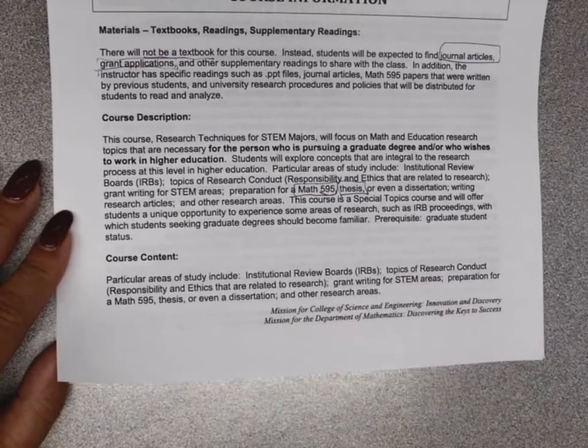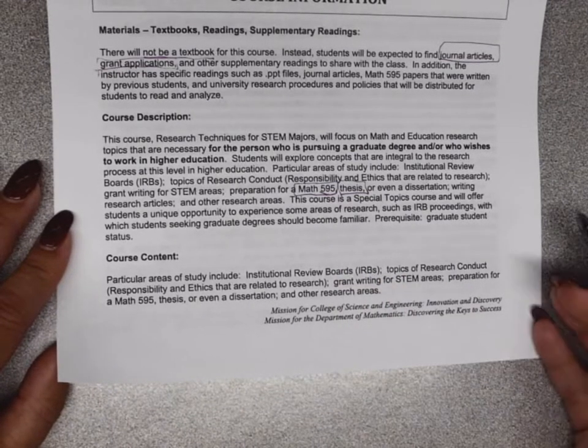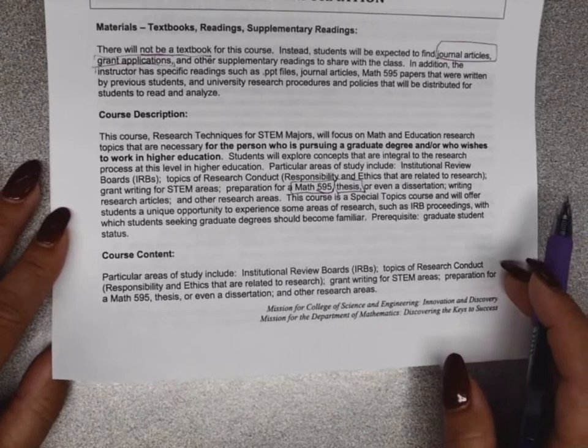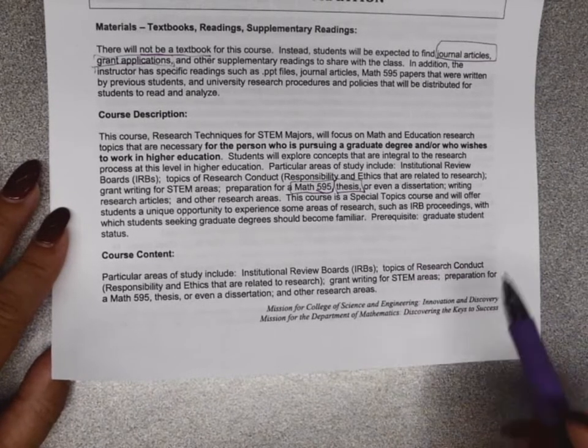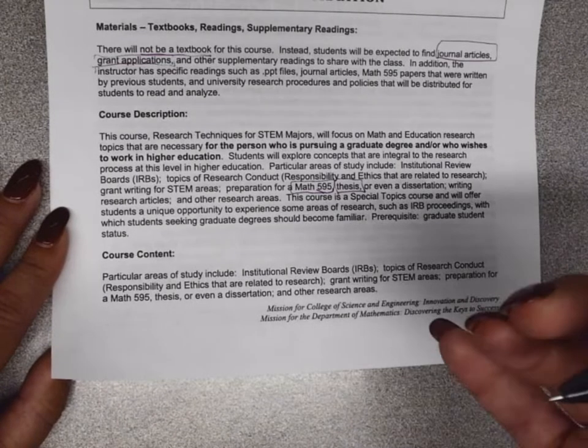For instance, I have a student who talked to me about doing a math history 595 paper. Well, if you're interested in that, then you need to narrow that down. Math history is really big. It goes from 3000 BC, right? So what area are we looking at? Do we want to focus in on one particular mathematician or one particular topic?